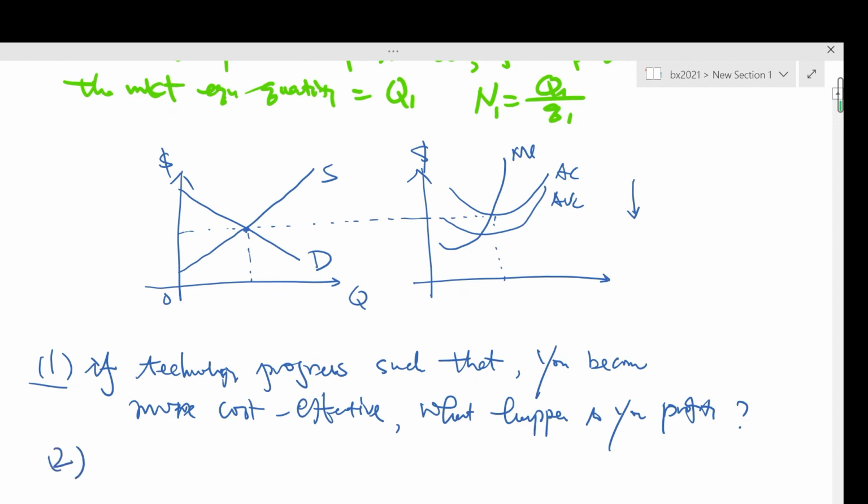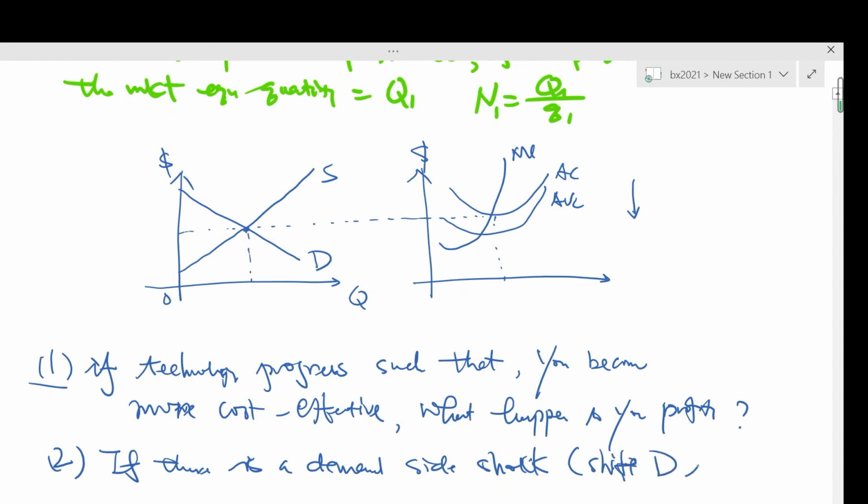The second task for you is that, let's say there's a shock to the market, for example, a demand side shock that shifts demand to the left.